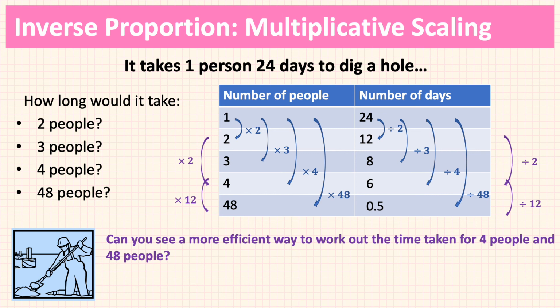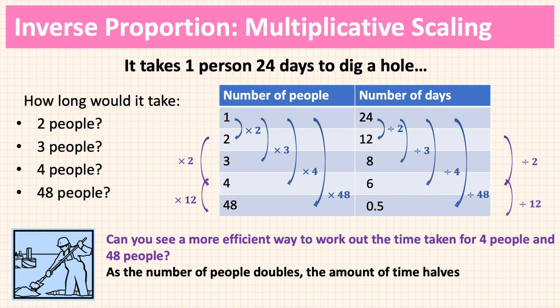And that's possibly slightly easier to see than 24 divided by 48. However, it's always absolutely fine to keep referring back to the value for one person. It's a little bit like the unitary method that we talked about in the previous session, but always look for efficient ways to do things.